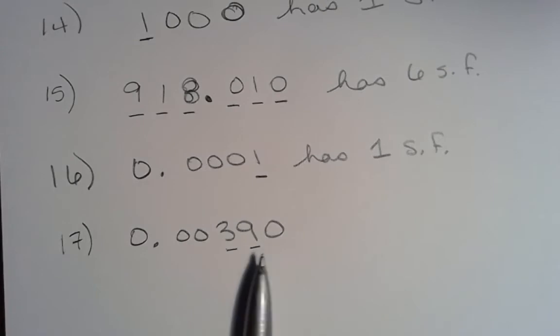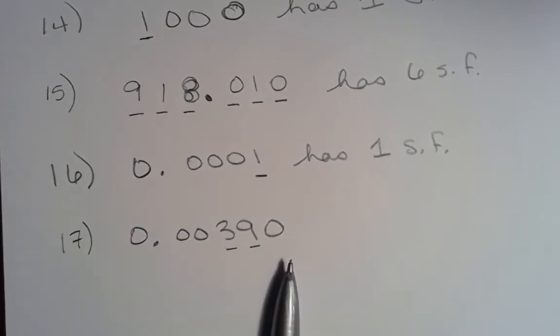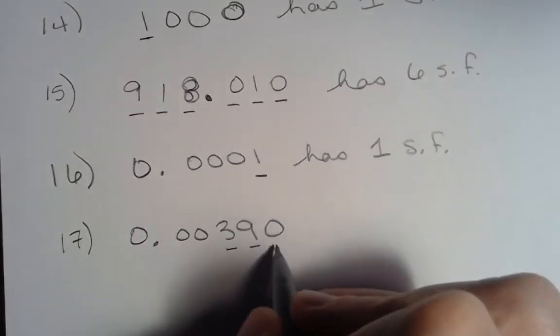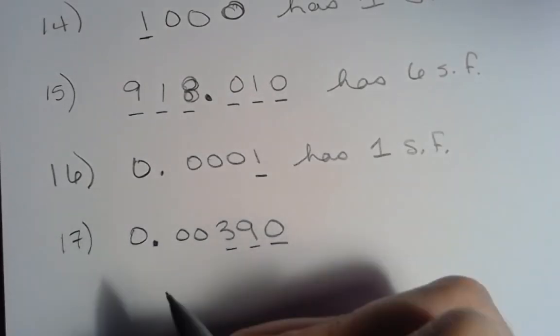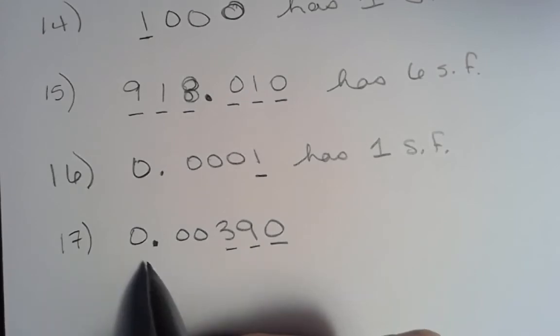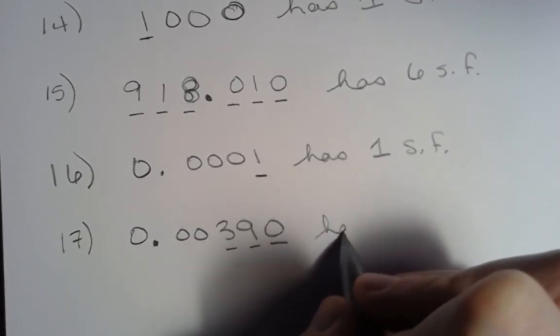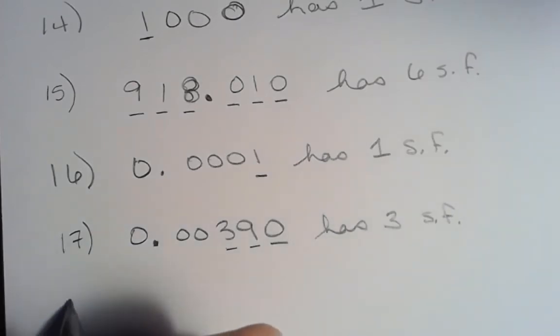In this case, your decimal is all the way over there, but this is still an ending 0 after a decimal. That is significant because of the decimal, even though the decimal is over there. An ending 0 after a decimal is significant. That one has 3 significant figures.